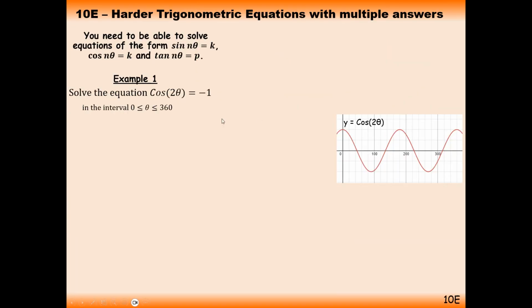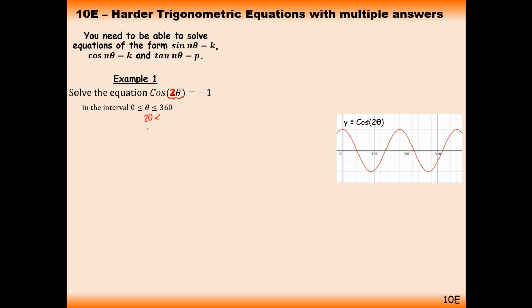Let's read this problem and solve it. We said that in these questions there are multiple answers, and this range of 2 theta, remember, is telling us that there are actually two periods of cos within 360 degrees. Because of the 2 theta here, I need to look at the range.